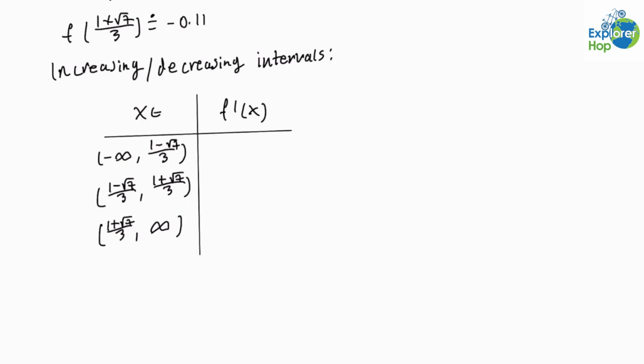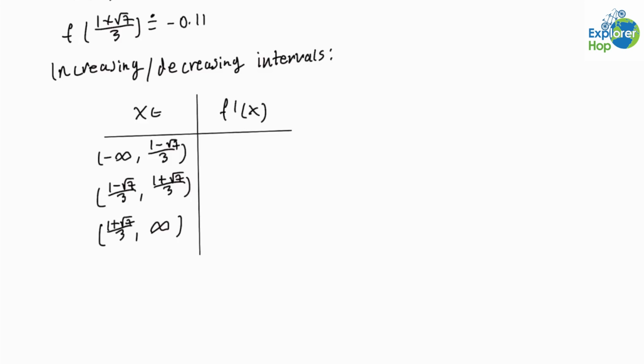From the stationary points, we will check whether the derivative of f of x is positive or negative in the intervals from negative infinity to 1 minus root 7 over 3, from 1 minus root 7 over 3 to 1 plus root 7 over 3, and from 1 plus root 7 over 3 to infinity.